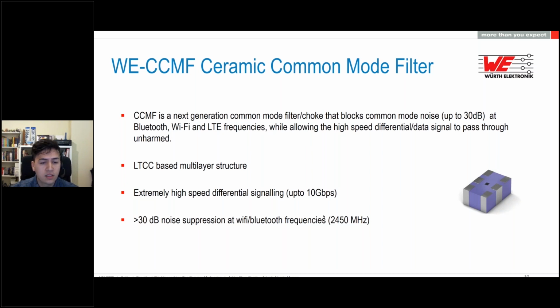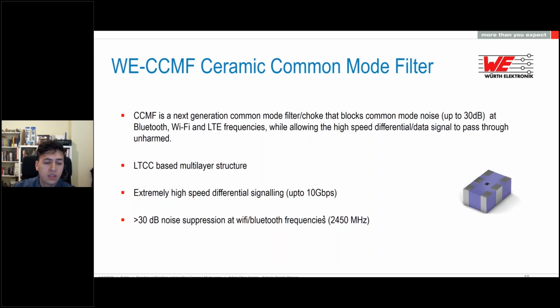And we designed it especially for the higher speed interfaces to resonate at Wi-Fi and LTE frequencies, which is 2.4 gigahertz, while we allowed the high-speed differential signals to pass through unharmed.